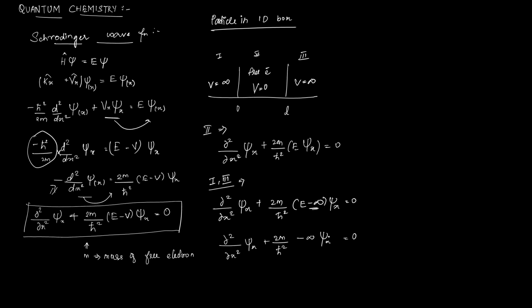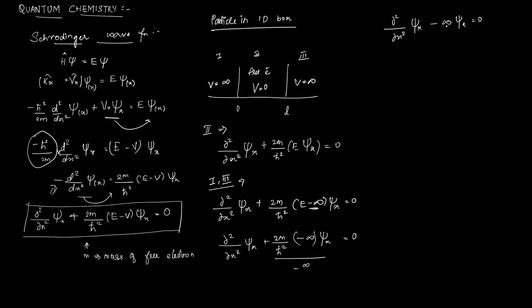Okay, so now again you are multiplying your infinity with your 2m by h square. What happens when you multiply by 2m by h square? Again this entire term is going to be equal to minus infinity. So how can we write this equation? This will be dou square by dou x square psi of x, minus infinity psi of x is equal to 0.